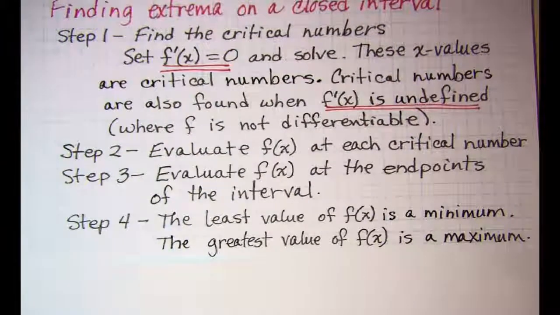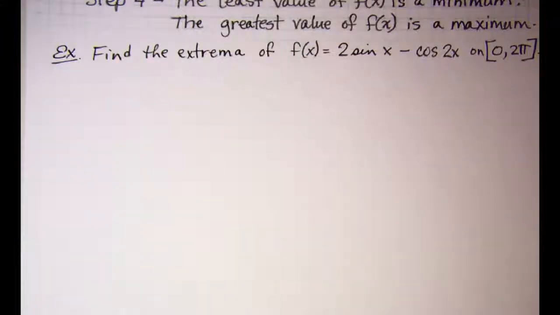Let's do an example. We're asked to find the extrema of f of x equals 2 sine x minus cosine 2x on the closed interval from 0 to 2 pi. So our first step will be to find the derivative.